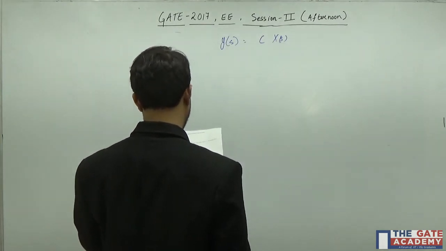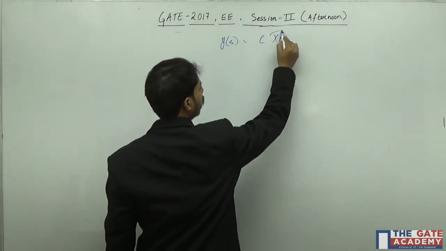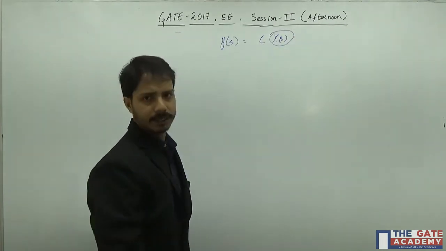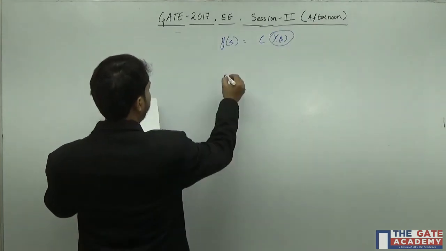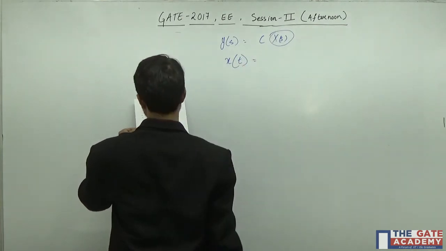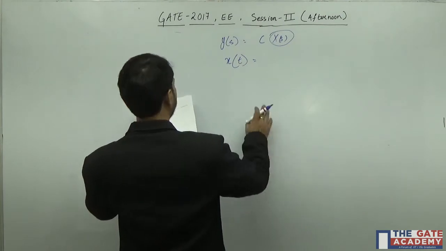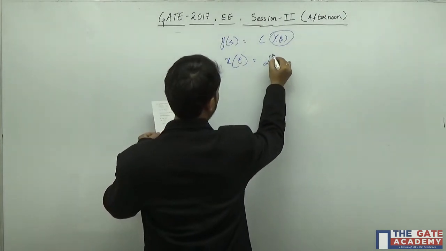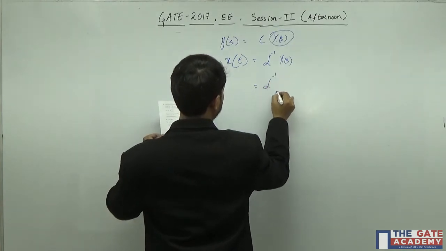So what we need actually is the X(s), the response of this state variable. So we need to find now what is x(t), the response of the state variable. To find out x(t), it is nothing but Laplace inverse of X(s). And what is X(s)?